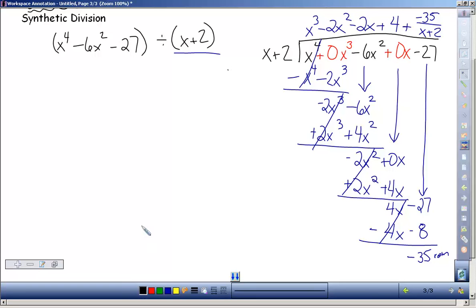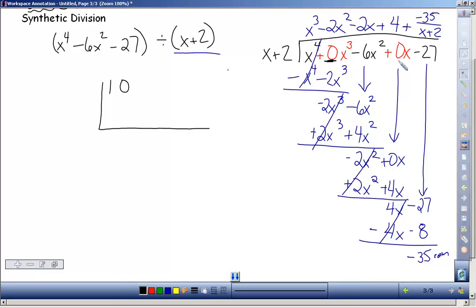So you see all this work we did for long division. If I was going to do this for synthetic division, I kind of want to use the same division bar, but I'm going to turn it upside down. And what I'm going to do is on the inside, I'm still going to write my dividend, but I'm losing all of the x's. I'm just writing coefficients. So when I look at this problem, I do have a coefficient of 1, a coefficient of 0.